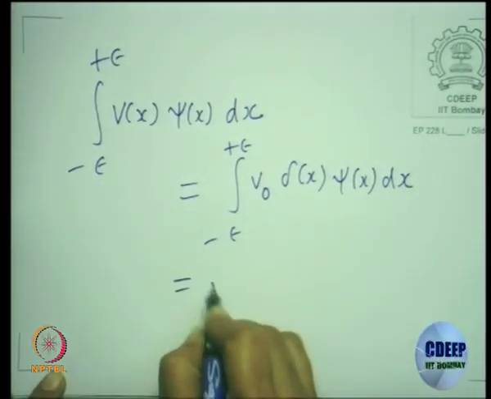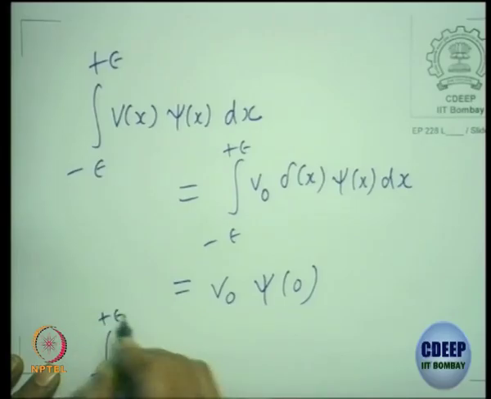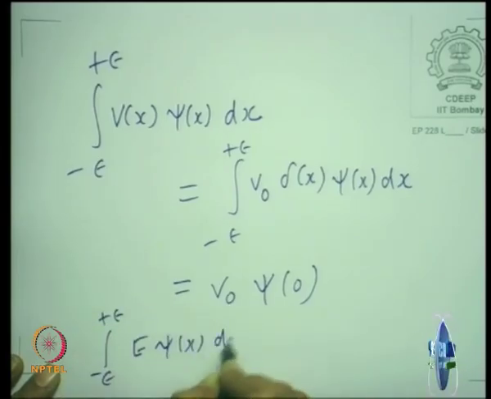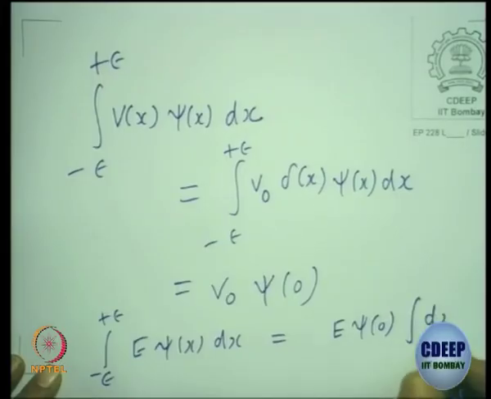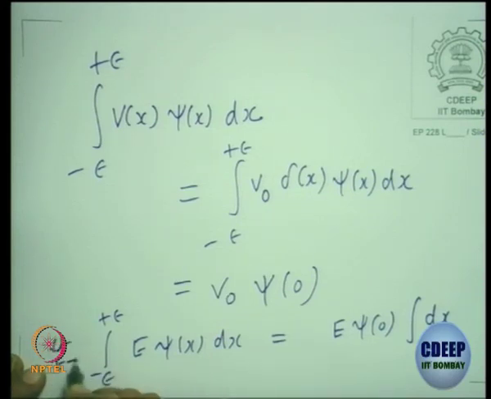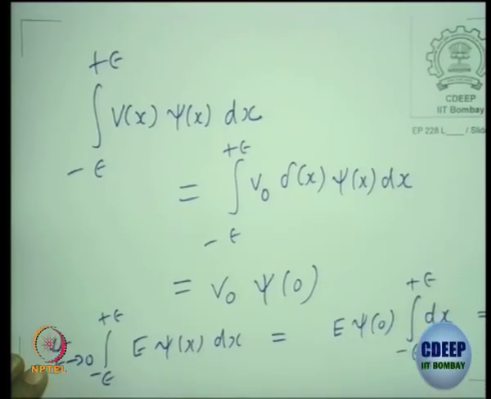V naught ψ(0). The integral from minus epsilon to plus epsilon of E ψ(x) dx is E ψ(0) dx, and in the limit you have to take epsilon tending to 0, so this term is 0. The integral of V(x) ψ(x) is V naught times ψ(0), which is finite.